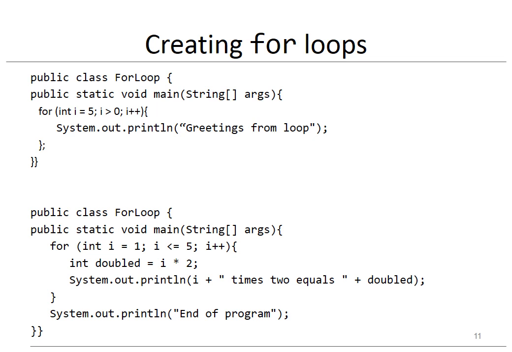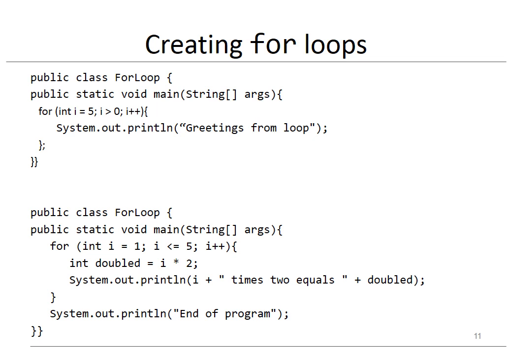What does the second for loop do? Well, it starts at i equals 1 as long as i is less than or equal to 5, incrementing i each time at the end of the loop step.